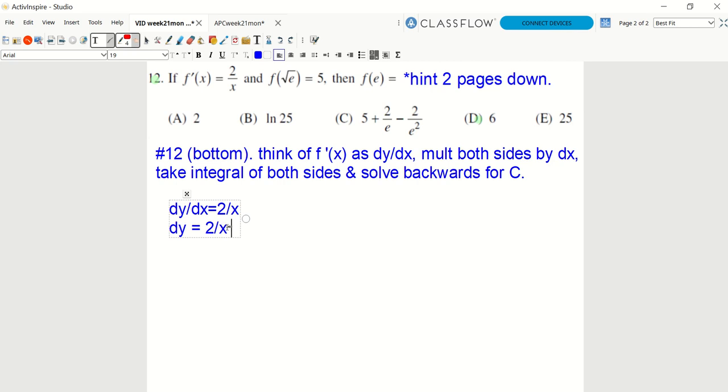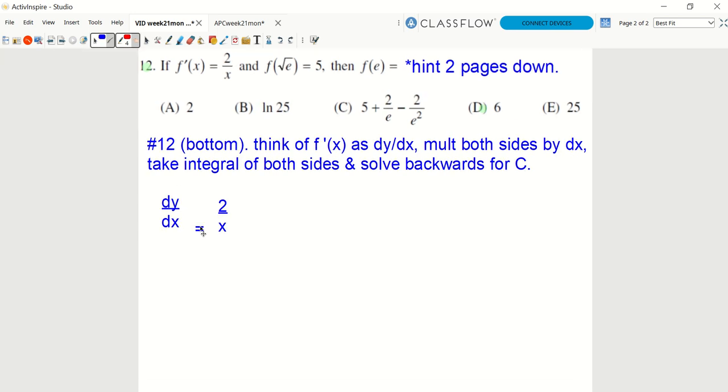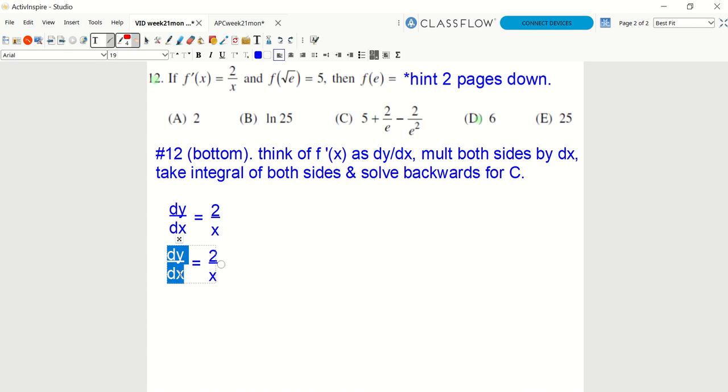Let me actually write this properly with vertical fractions. You multiply both sides by dx, and what you're going to end up getting is this, folks. And so you're going to get 2.